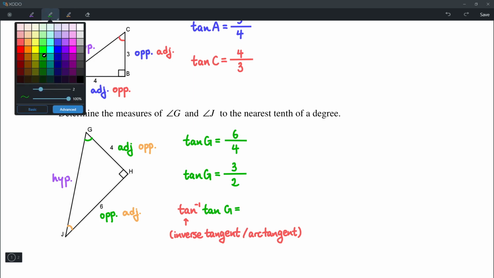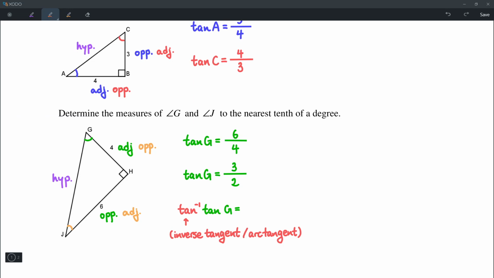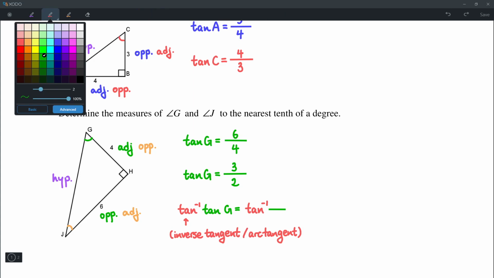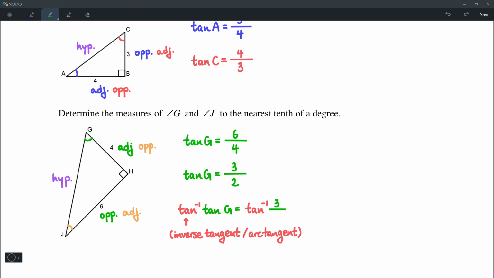Since it's an equation, whatever we do on the left-hand side, we'll do on the right-hand side as well. So we also have inverse tangent on the right-hand side, and it will be of 3/2. Something that looks like this.